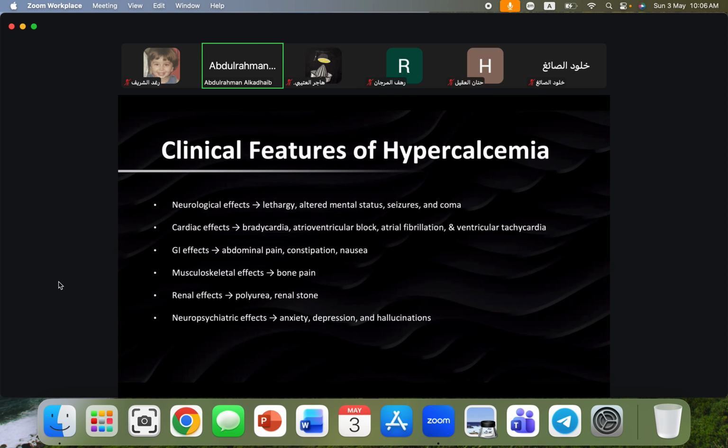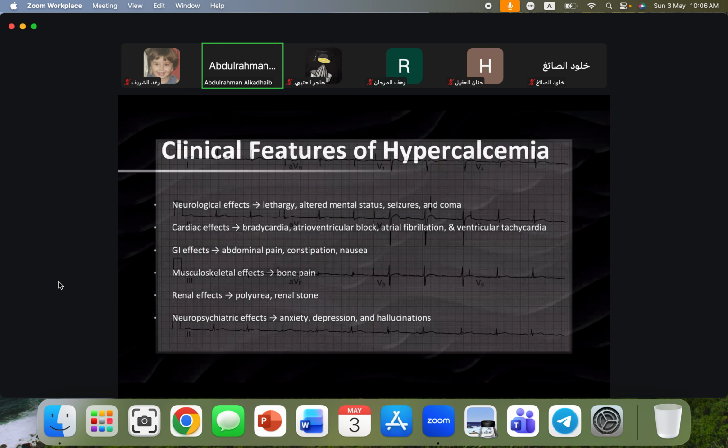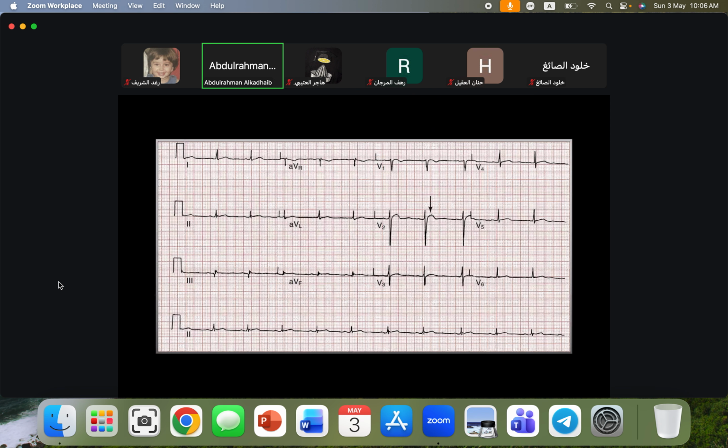And in very rare cases, we may see some neuropsychiatric symptoms such as depression or hallucination, because again, calcium plays a major role in regulating the mood.